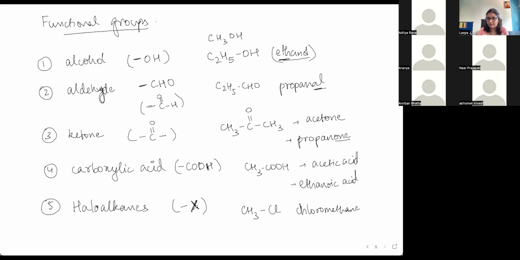There can be more than one halogen atom also, so CHCl3, this is basically chloroform. Both of these are examples of haloalkanes where you have a halogen atom replacing a hydrogen atom.